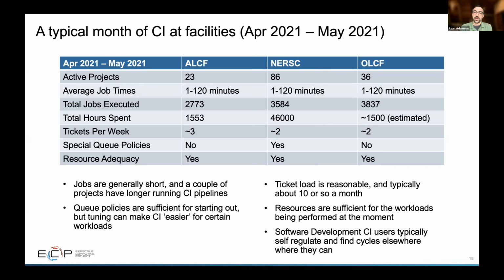NERSC has a couple of special queue policies, whereas ALCF and OLCF don't. But all 3 facilities say that the resources right now, at least dedicated to this sort of CI, are adequate. In general, that may change as we move forward. If you're working on speccing out a new system, it makes sense to leave some headroom for automation for users.